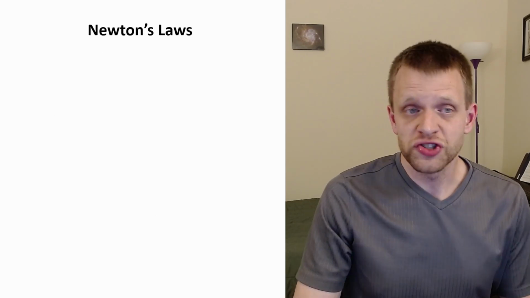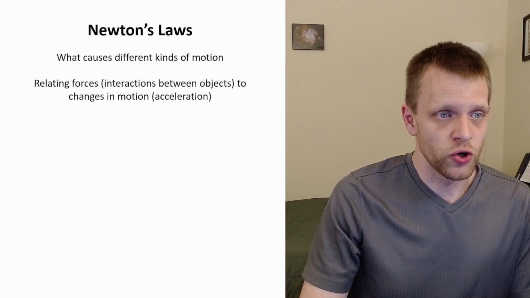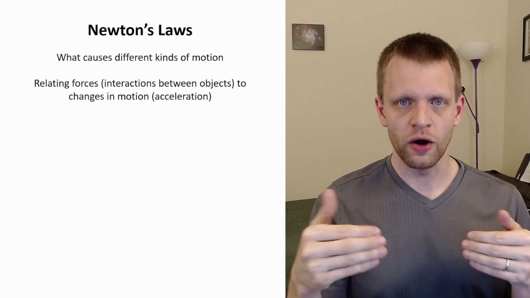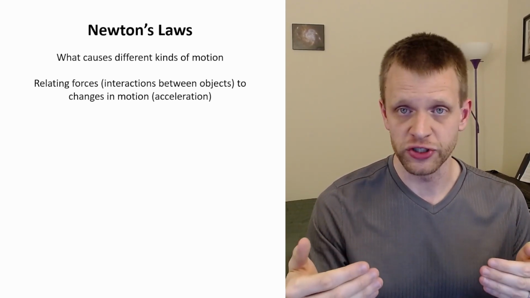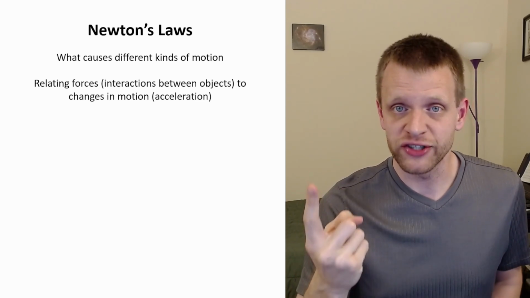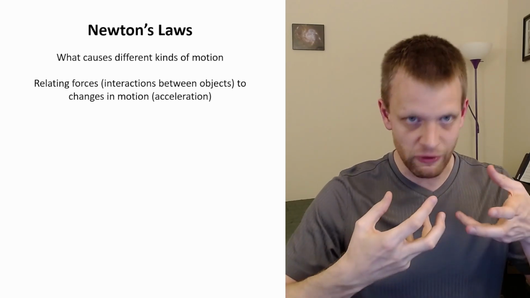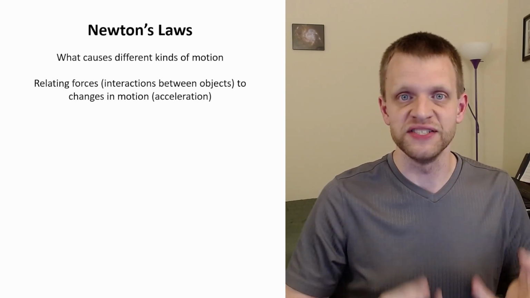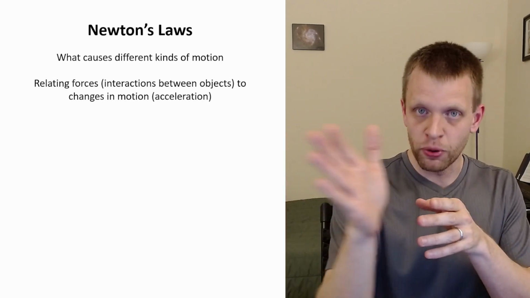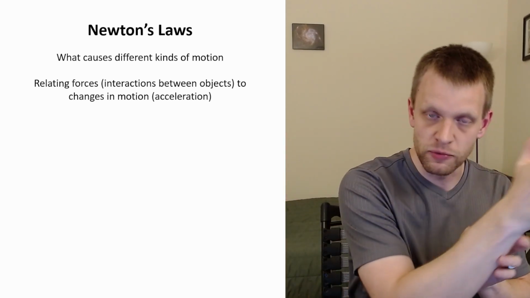Let's talk about Newton's laws next. So Newton's laws say, I want to be able to identify what causes different kinds of motion. So this is going to relate forces, interactions between objects. Gravity is the earth pulling down on me. If I have air resistance, it's air pushing against my hand as my hand tries to move through the air.